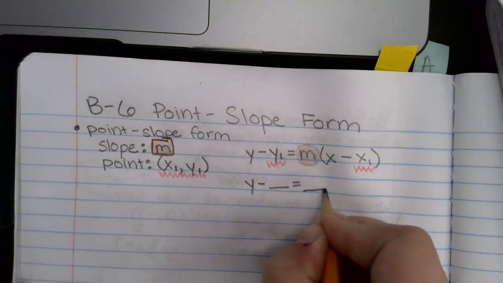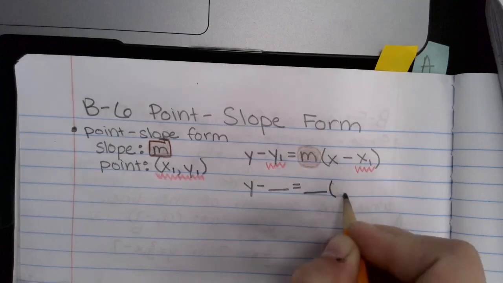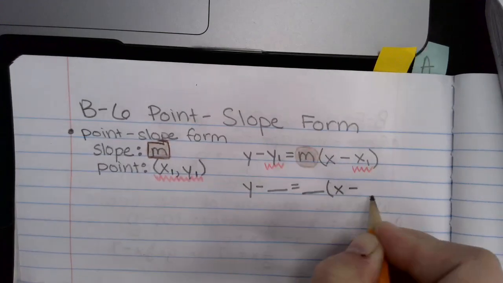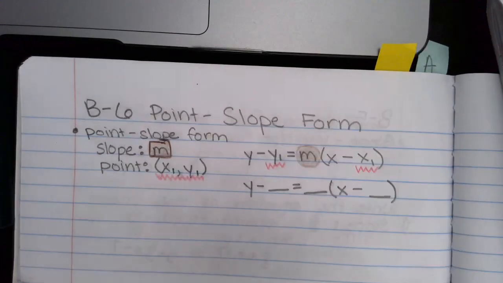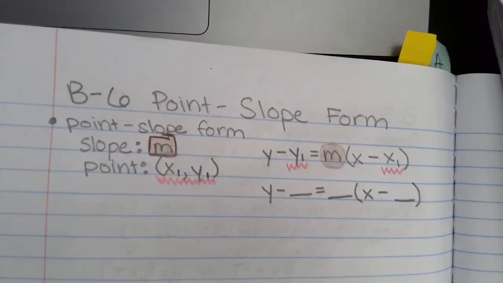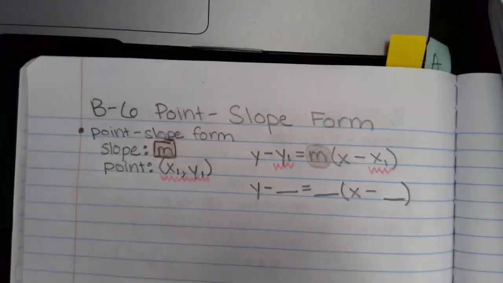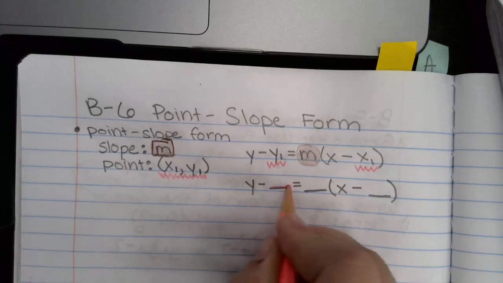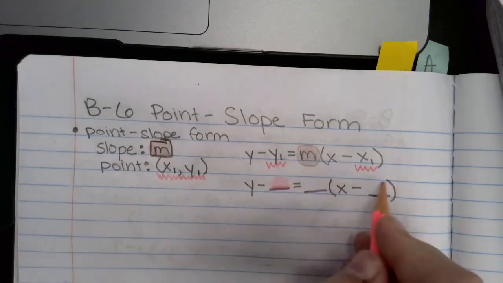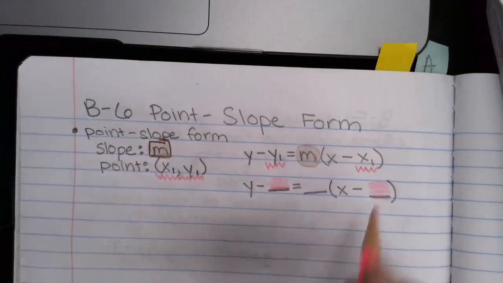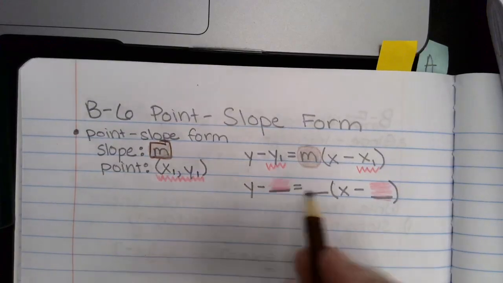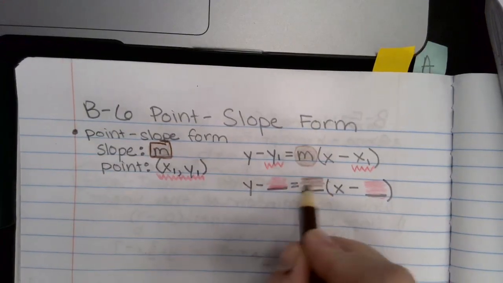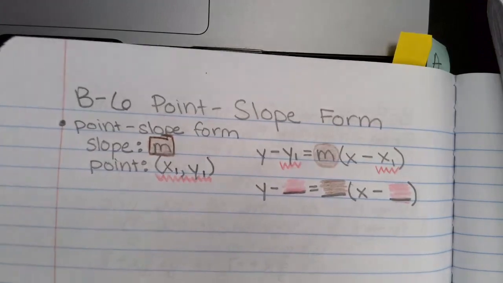Equals blank times x minus blank. So there's 3 spots to fill in here. We have this point here, this y and x from our ordered pair. And then our slope will go here. So there's 3 numbers that we need to put into this form.